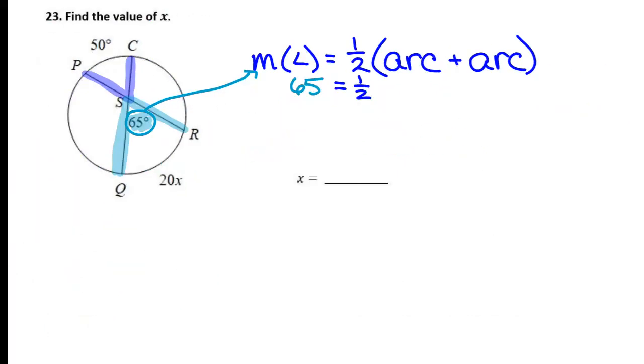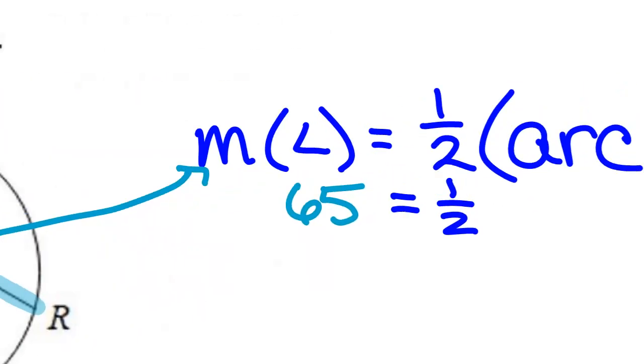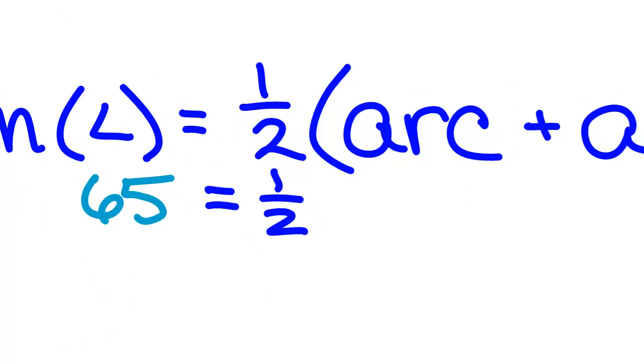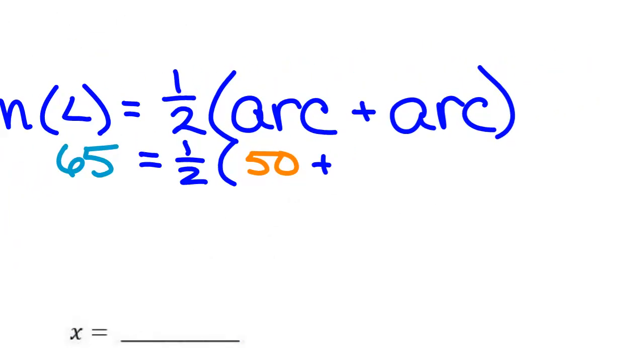And now we need the intercepted arcs. This is one of my intercepted arcs, and that's how big? 50. So inside my parentheses, I start with a 50 plus, how big is the other intercepted arc? 20x, this one right here. So 50 plus 20x.